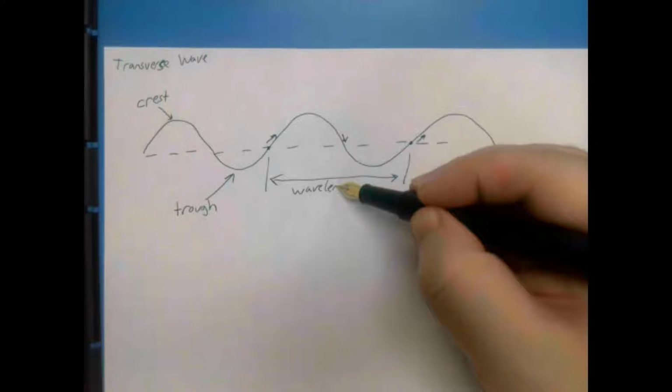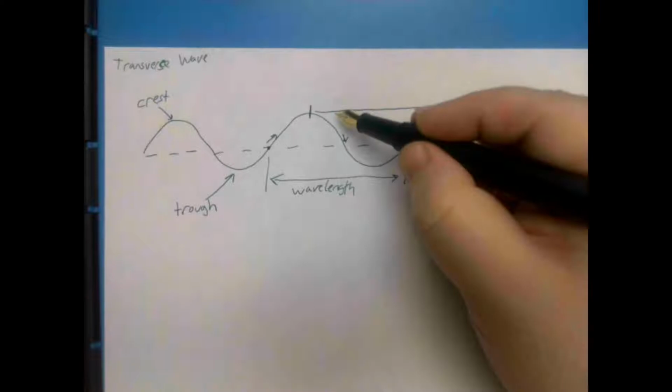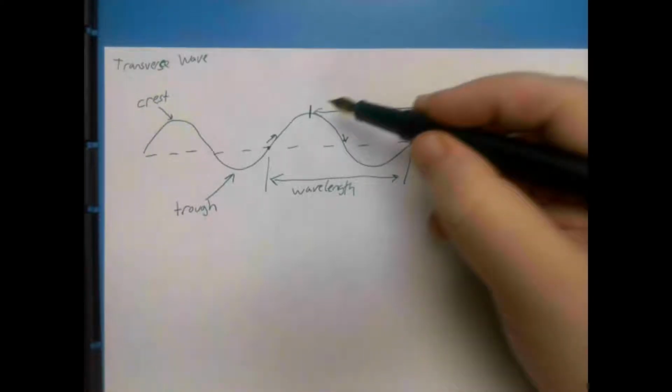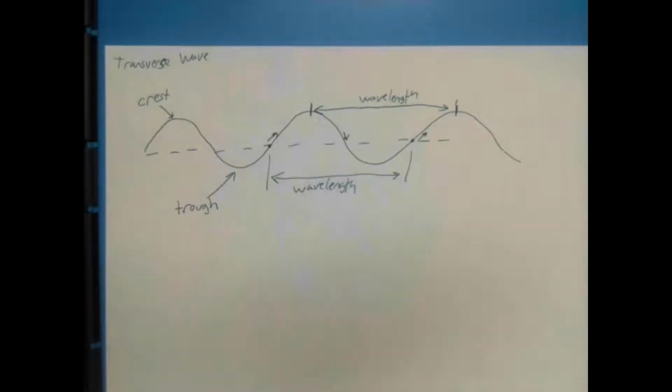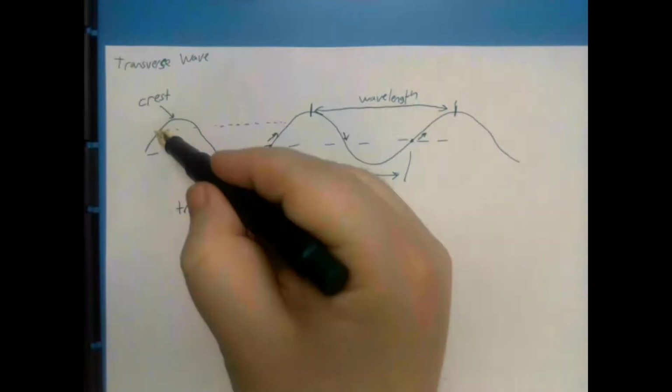We could also have measured it from one crest to another crest. It's also a wavelength. And if I choose some random point right here, and draw an artificial line, it's going up right here.